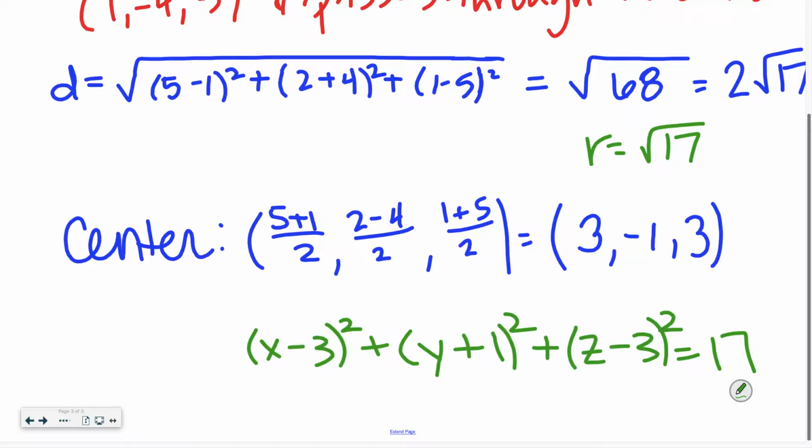Now we found the diameter first. That led us to the radius, which then we found the center using the midpoint. If we would have found the center first, it could have been a possibility for us to go from center to end point with the distance formula to find the radius, and that would be fine as well. So you kind of have some options.